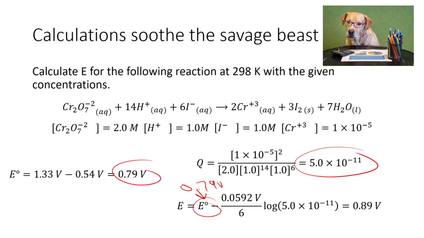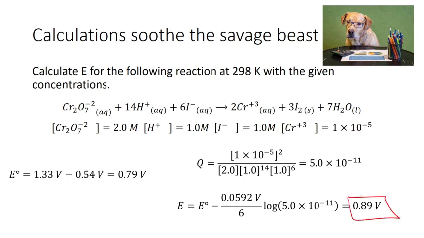And when you calculate all this out, here's our moles of electrons. Like I said, if you look back in your notes, you'll see that there are 6 moles of electrons moving in this equation. And when we do all this out, we find out that the cell potential under the non-standard conditions given is 0.89 volts. It's amazing.